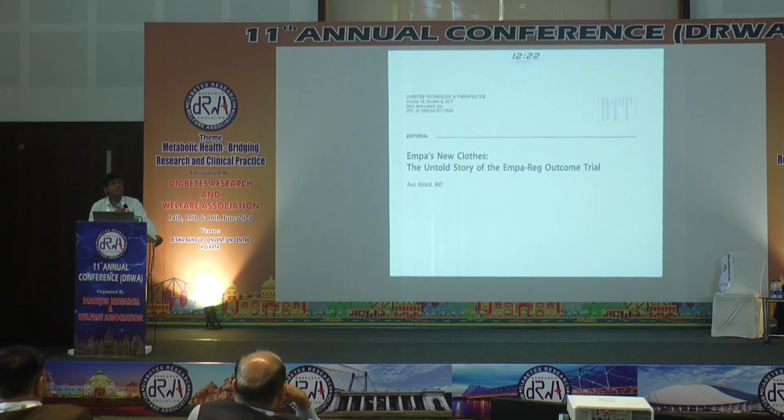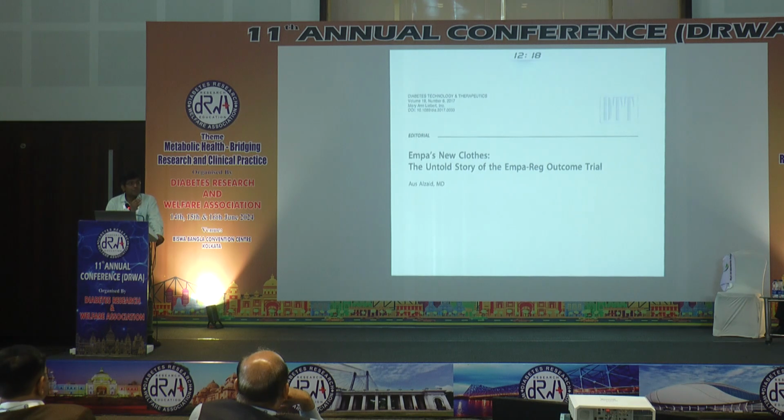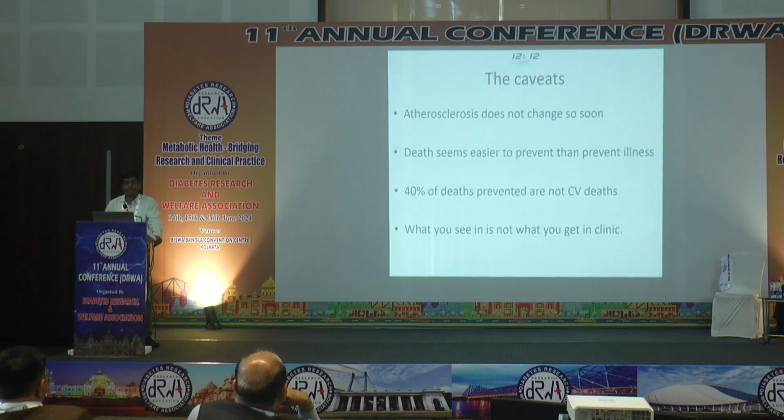Now this was a wonderful editorial which very few of you might have read, which actually lays bare the truth about SGLT2 inhibitors. So I already told you within 3 months the event rate was different. Atherosclerosis does not change that quickly.